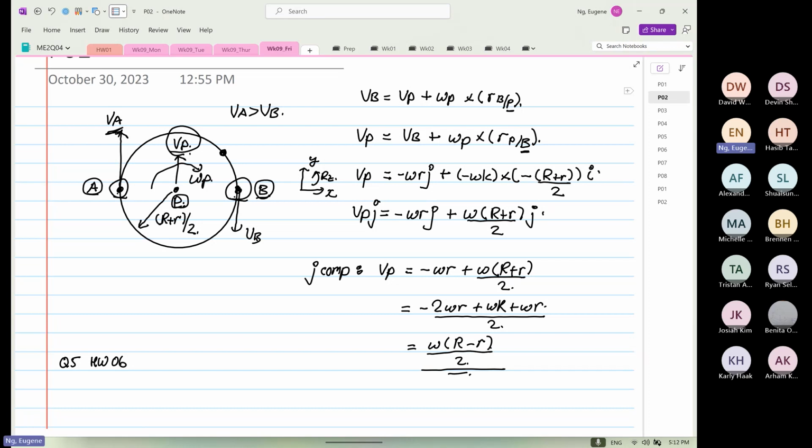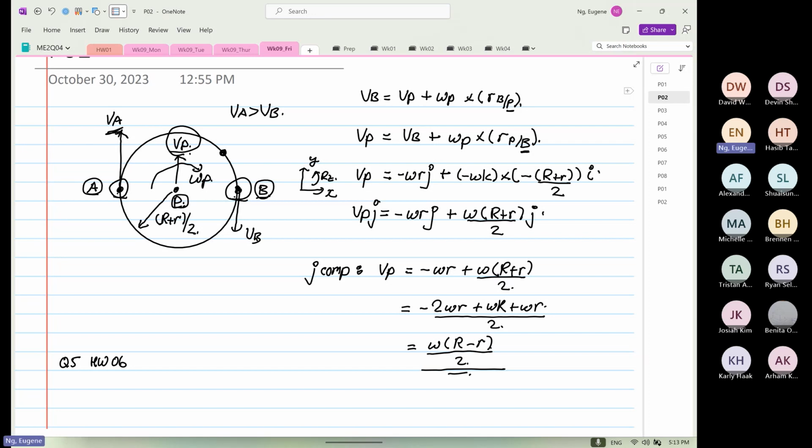Why do you want to divide by 2? Because you can only do that if small r is half of big R. But for this case, R did not specify, big R is not equal to 2 small r.